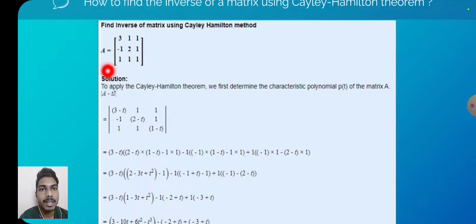So here's a question: find the inverse of a matrix using the Cayley-Hamilton theorem. The given matrix is A = [3 1 1; -1 2 1; 1 1 1]. To apply the Cayley-Hamilton theorem, we must first determine the characteristic equation of the matrix A. It is given as |A - tI|, so we consider t as lambda.